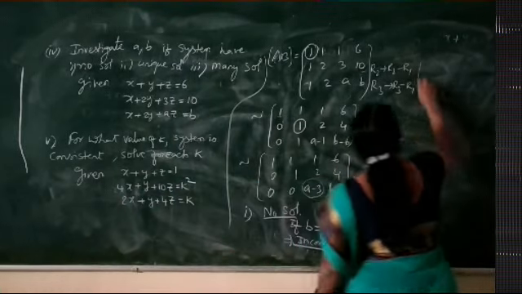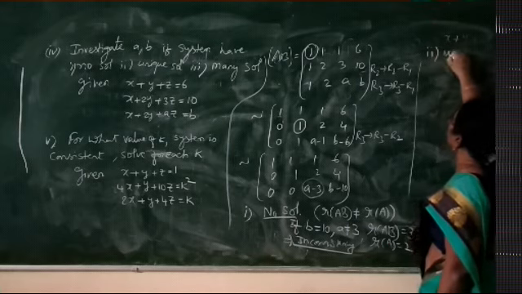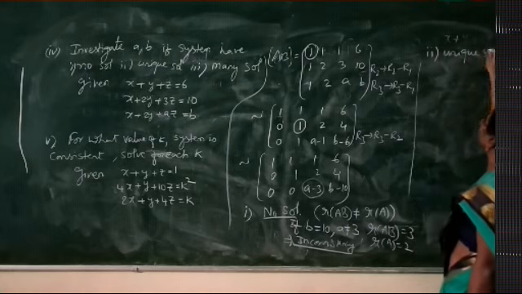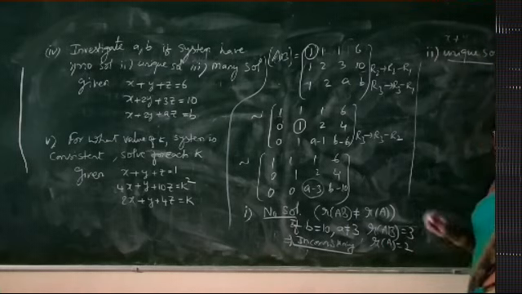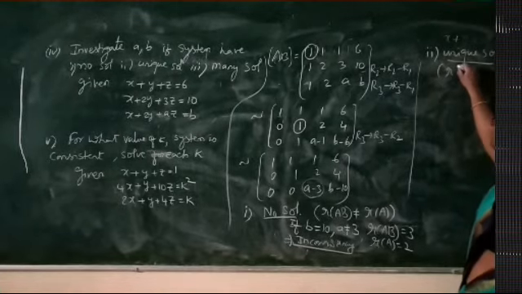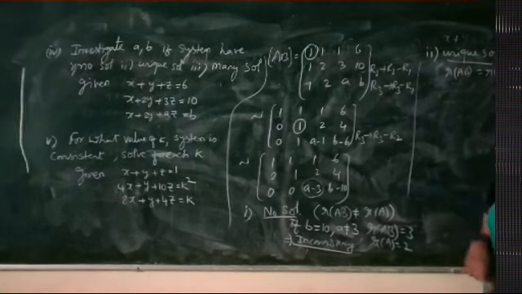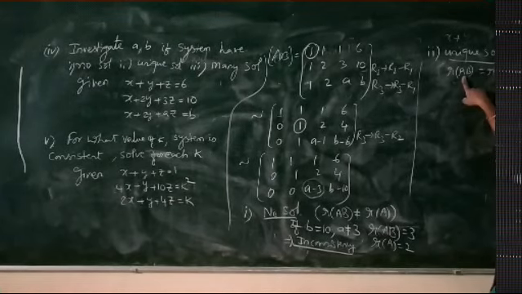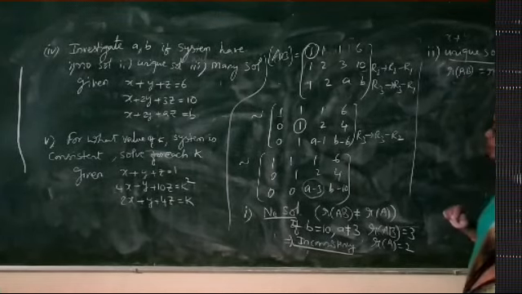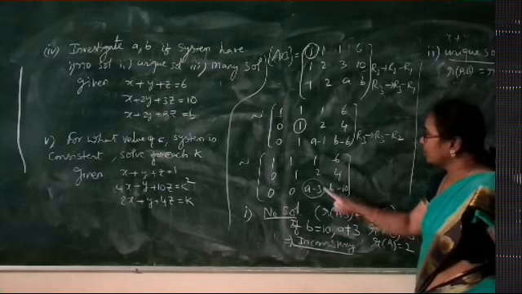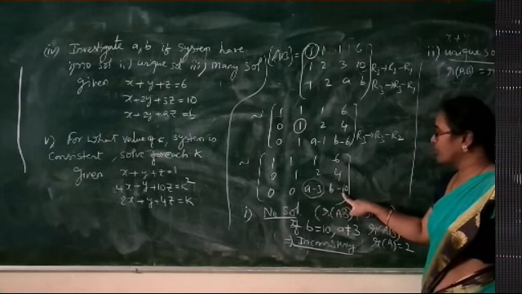Now the second case is to have unique solution. For the system to have unique solution, the condition is rank of AB must be equal to the rank of A, which is denoted by the smaller value. And we know that the rank of A and rank of AB both are equal only when A minus 3 is 0, B minus 10 is 0.